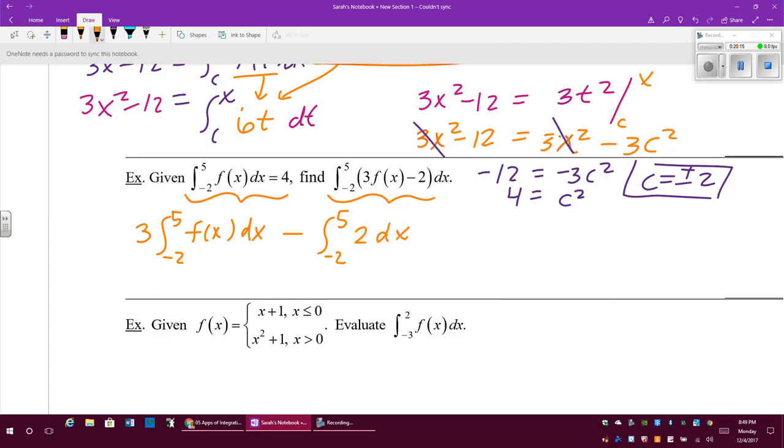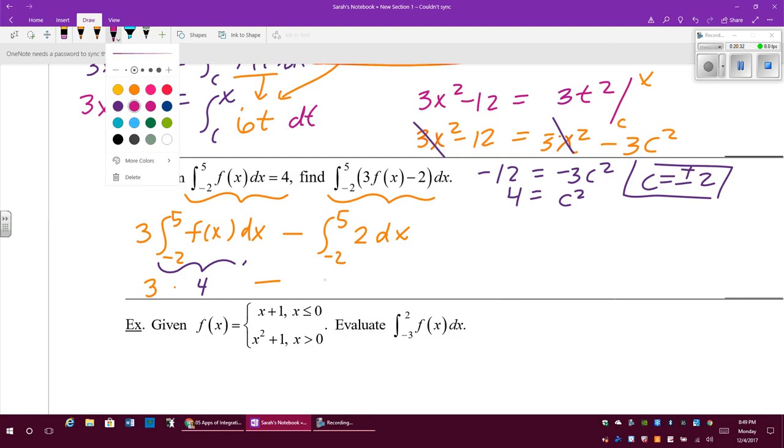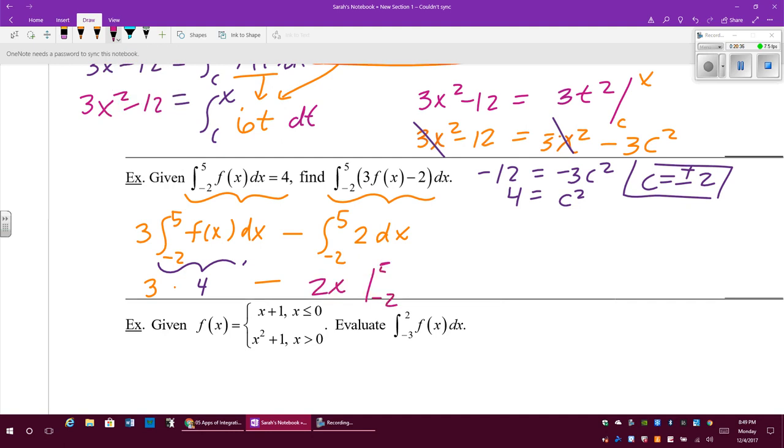Okay, this is not using functions defined by integrals per se, but we already know that this right here is 4. So I have 3 times 4 minus, well guys, what's the antiderivative of 2? The antiderivative of 2 should be 2x, and we're going to evaluate that from -2 to 5.